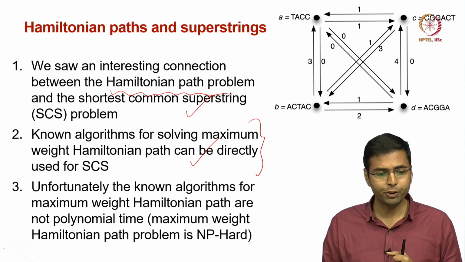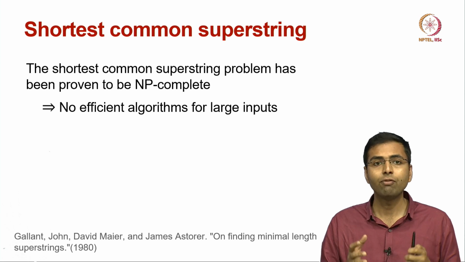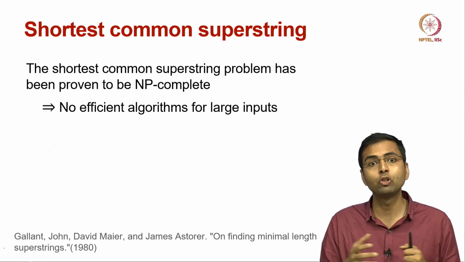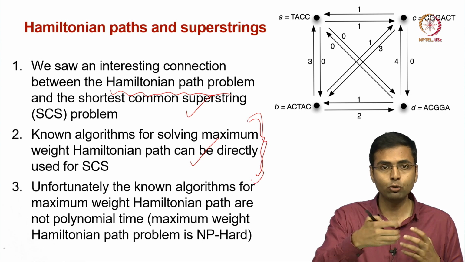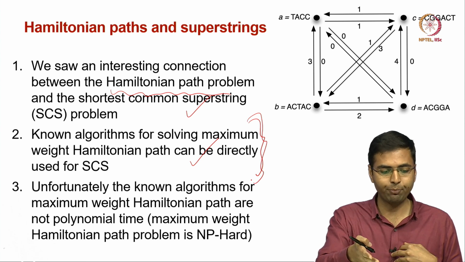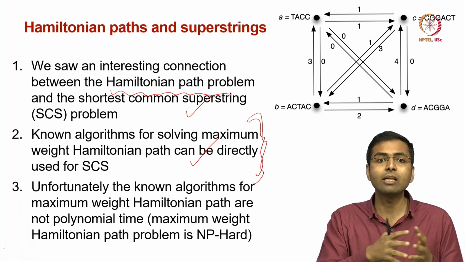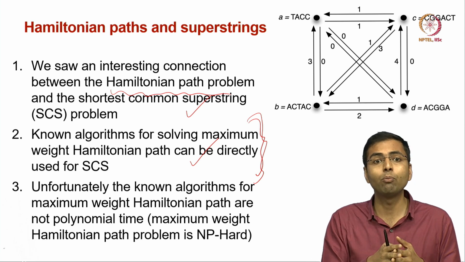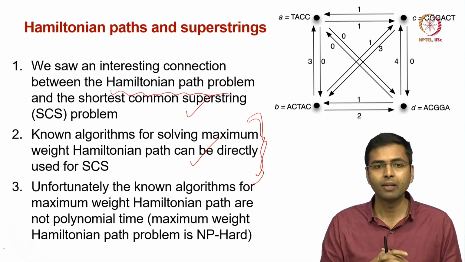So, that raises the question, do we have faster algorithms for shortest common superstring, right. So, this was one option to solve the shortest common superstring problem, but do we have alternate methods that can solve it more efficiently, preferably in polynomial time?